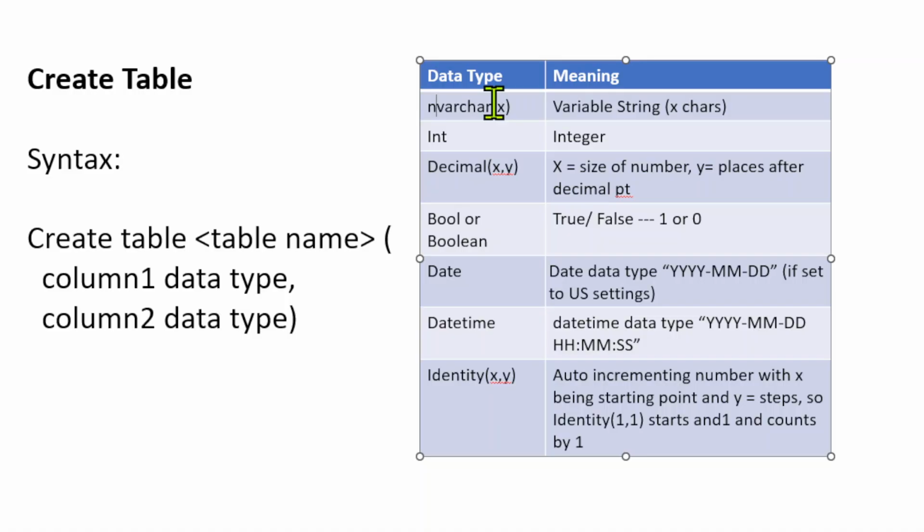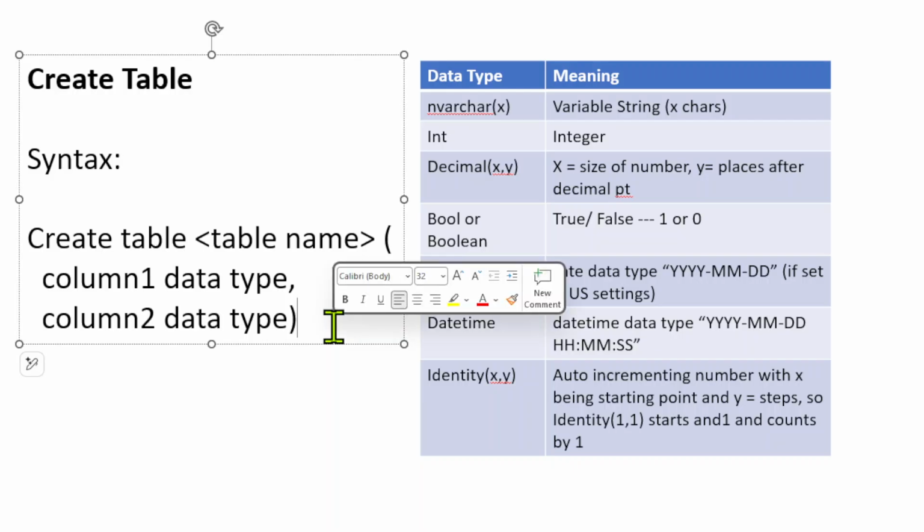Int is an integer. Decimal is a float, so it's a number with something after the decimal point, whereas an integer has nothing after the decimal point. There are two numbers in the parentheses, x and y. The x is your precision. So the x is the size of your number. If you put 10 as x, you can have 10 numbers. I'm going to write this down here.